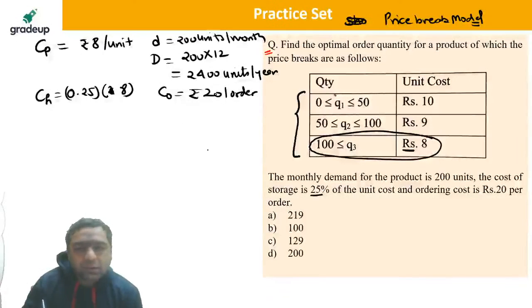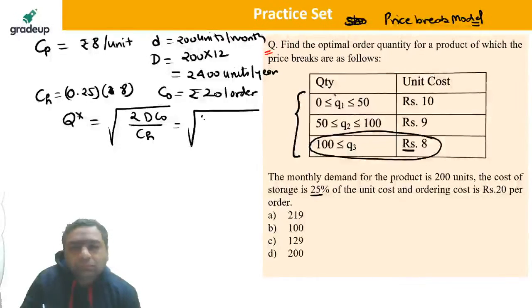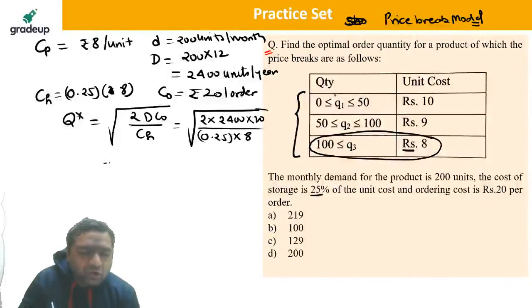So first of all you need to find out Q star, which you know is square root of 2 D C naught by CH. After solving Q star, you will be getting 219.03 units.